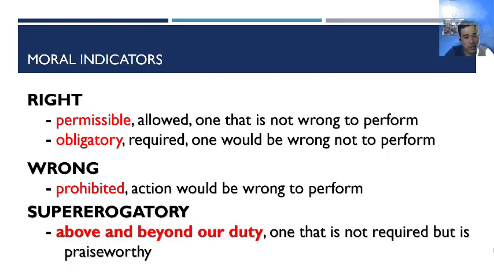While supererogatory is above and beyond duty, one that is not required but is praiseworthy, like doing charitable actions: donating to a foundation or charity, or giving alms. Although that is not required, the action itself is praiseworthy.